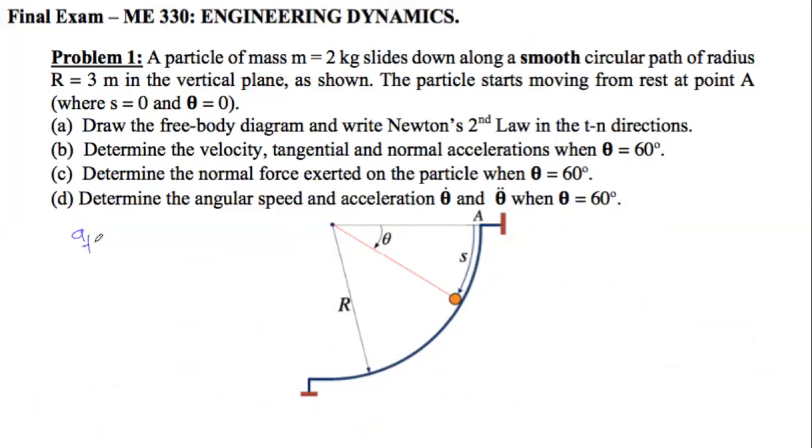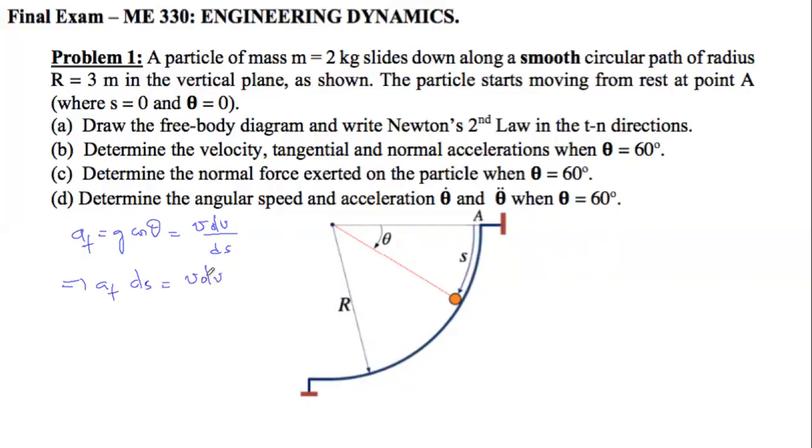You remember that the tangential acceleration is g cosine theta. But you also remember that the tangential acceleration is v dv over ds. In other words, a tangential ds is v dv.